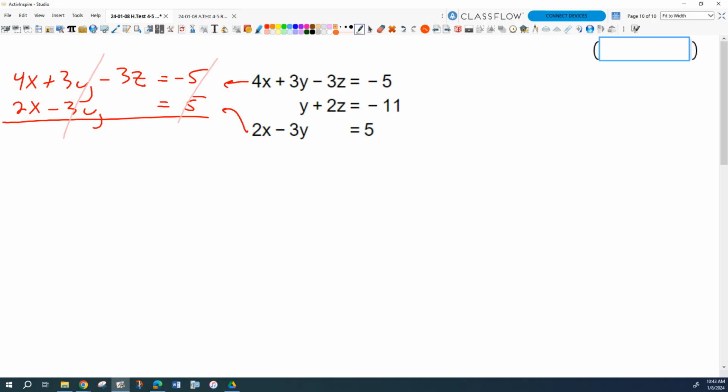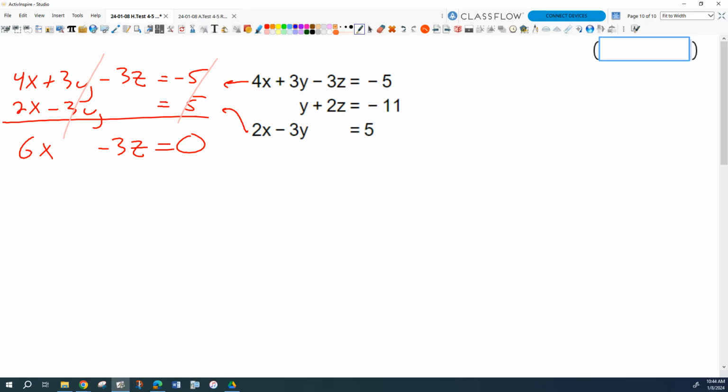We get 6x minus 3z equals 0. There's one equation. Now we canceled out the y's, right? We have to cancel the same variable twice. That's the rule when we're doing this. That's our strategy.